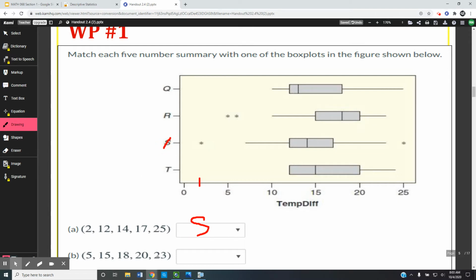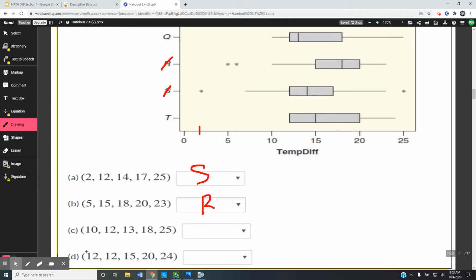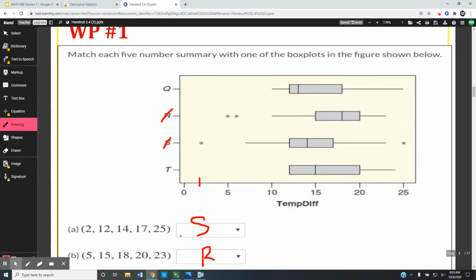A 5 and a 23. Always look at your minimum and maximums. Here's a 5. It's going to be part of the data set, but it's not part of where the whisker goes to. Here's a 23. So this is set R, or box R. Again, look at your ends, 10, 25. Okay, so I look at a 10, and maybe it's this one or this one.